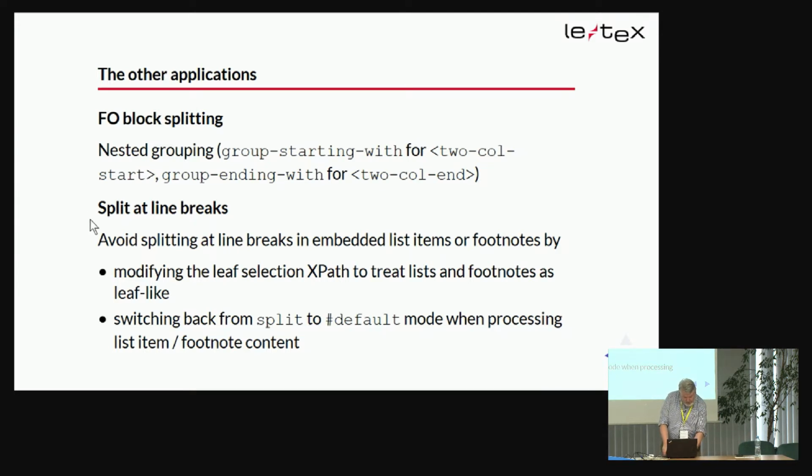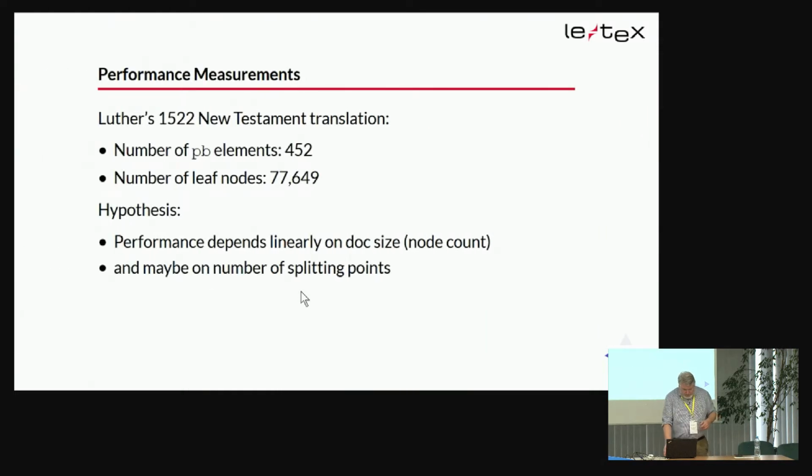And for the split at line breaks and avoiding splitting embedded footnotes, you need to modify the leaf selection XPath so that footnotes in the first place will look like leaf nodes too, or lists embedded. And the footnote content, the paragraphs, will then be processed in the initial mode where splitting then occurs recursively. This is also described in the paper.